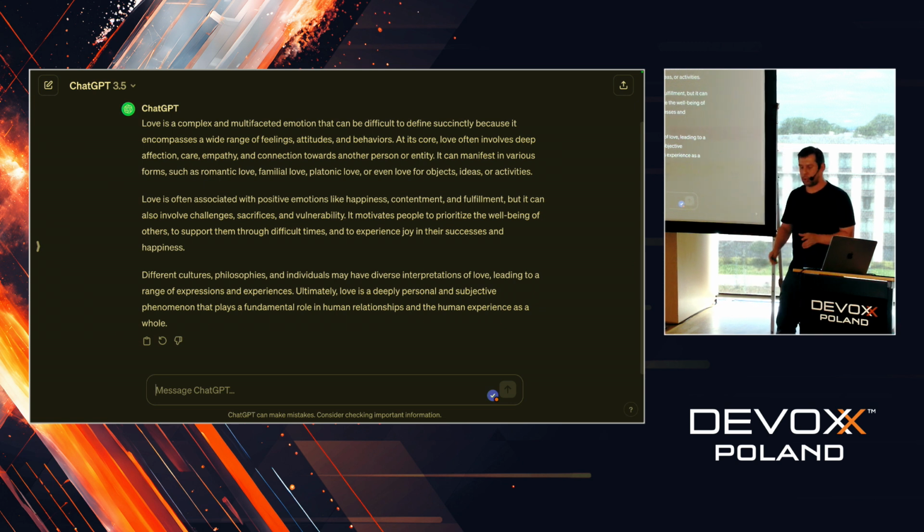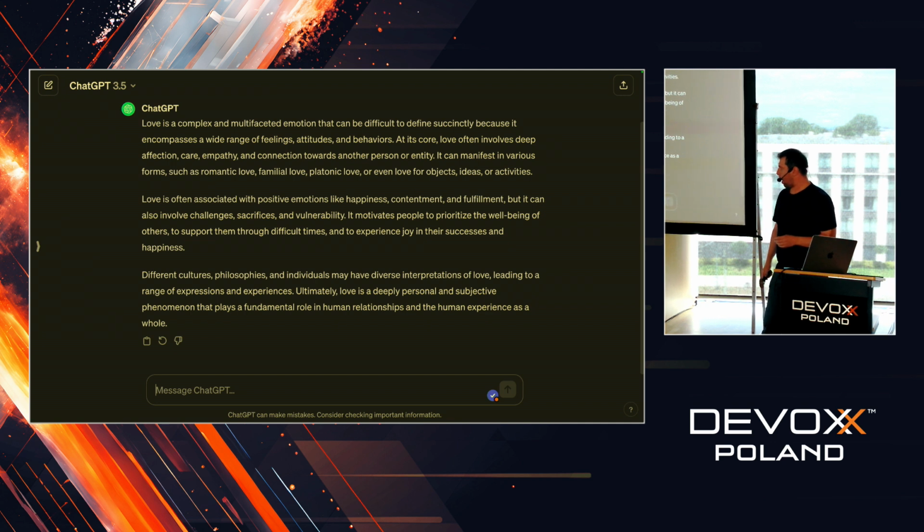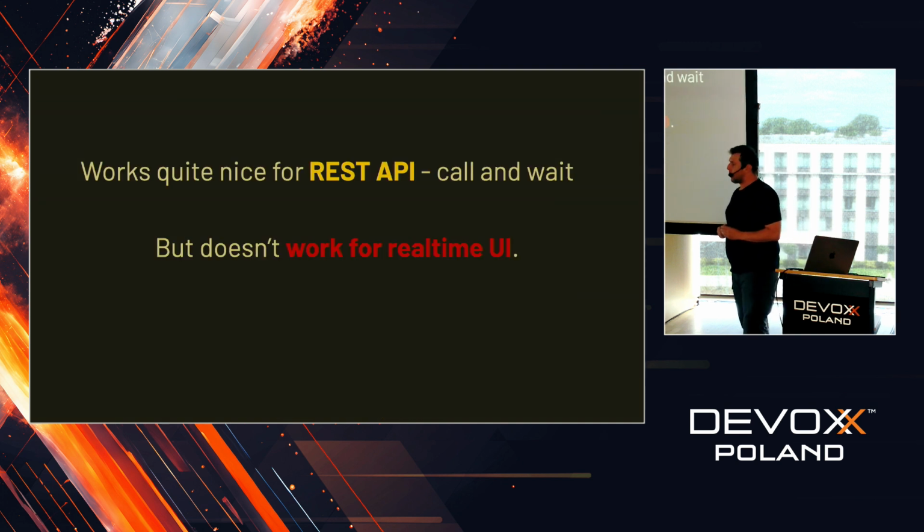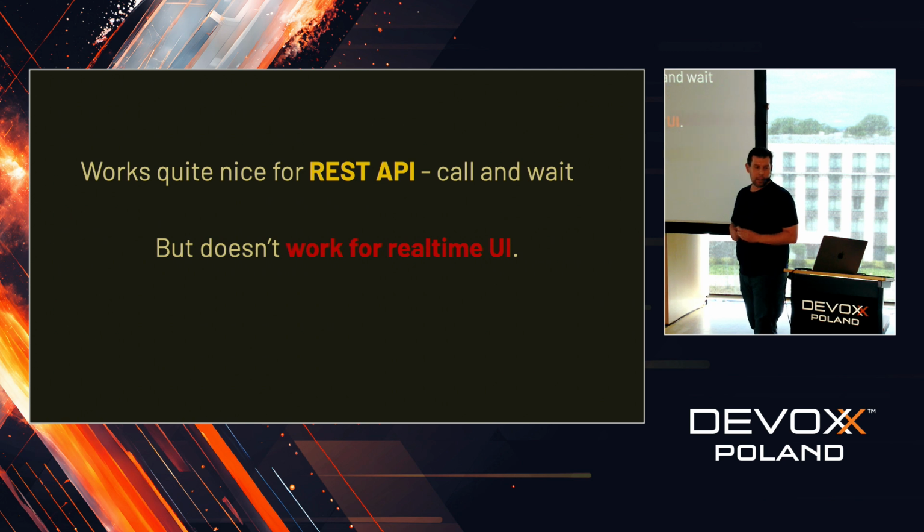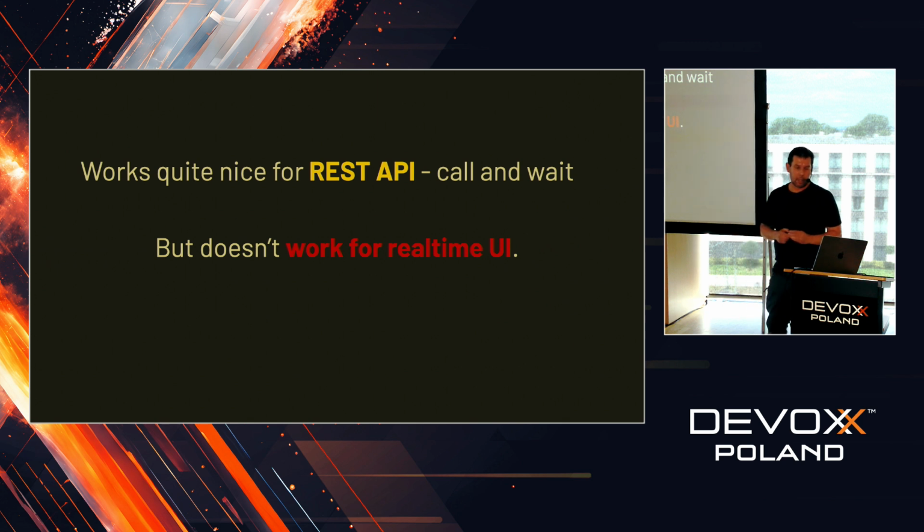This text was streamed to the user, and we'll take care of streaming during this talk. What we can stream, how we can stream, what not to stream. It can work nicely with REST API, but it doesn't work, for example, for real-time user interfaces.